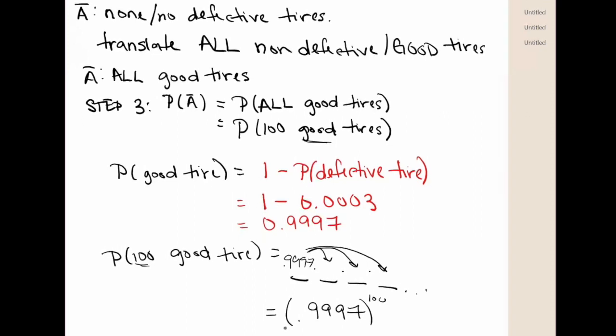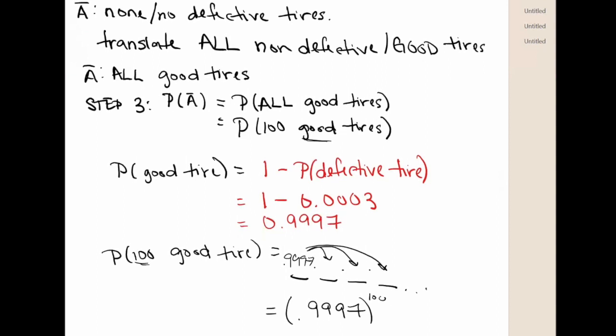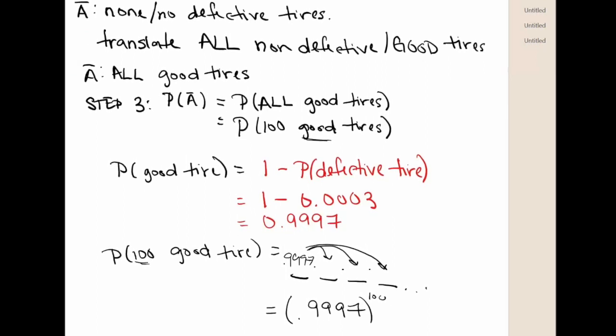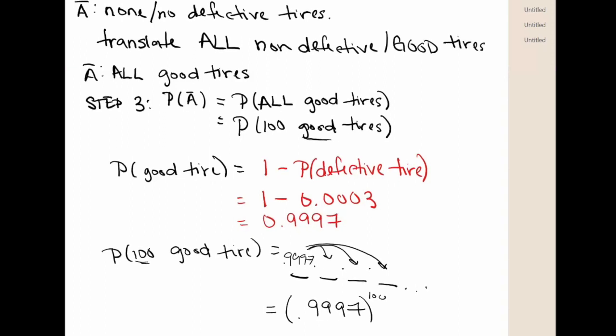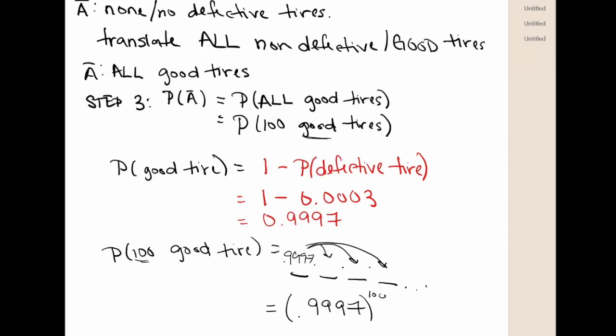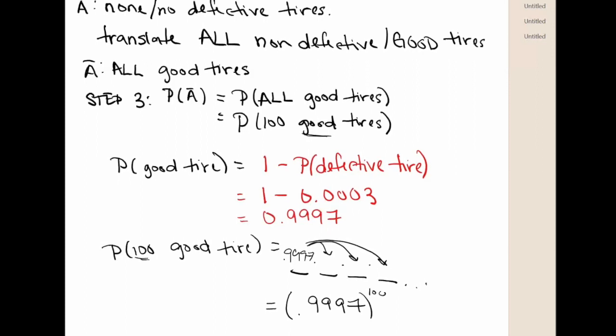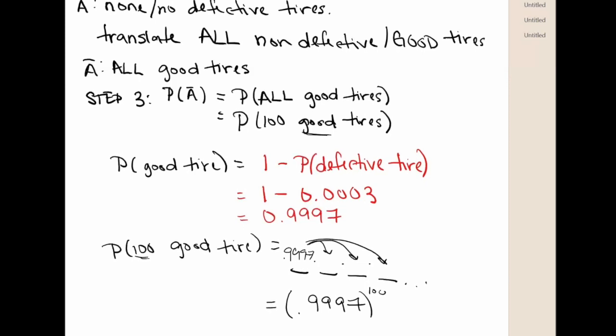And I do not have a calculator with me. Let me open up one of mine real quick. There we go. So I have to put it with the parentheses. I have 0.9997 raised, caret, to 100. There we go. So it is a large number.